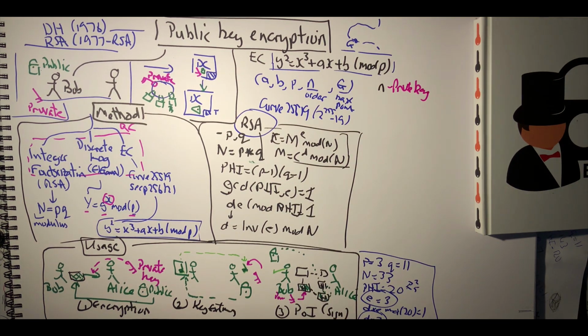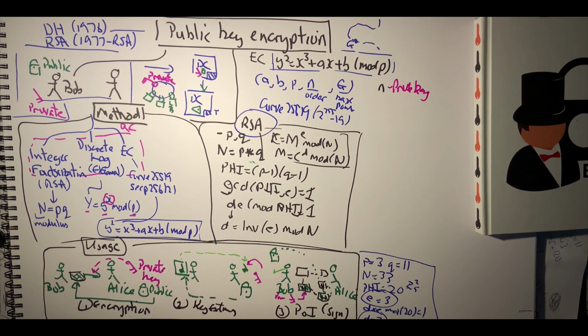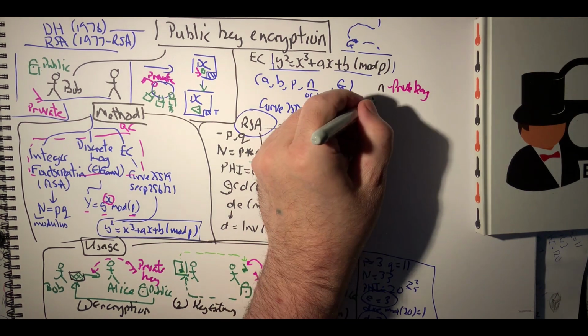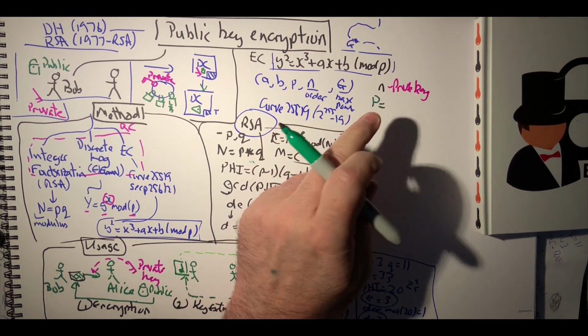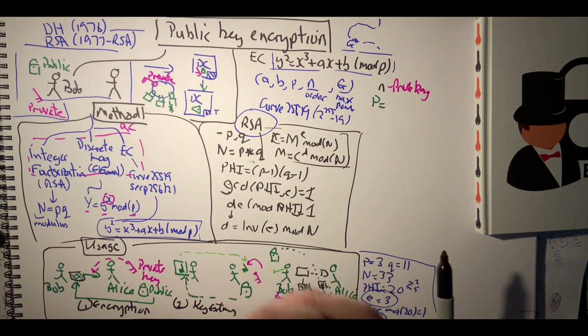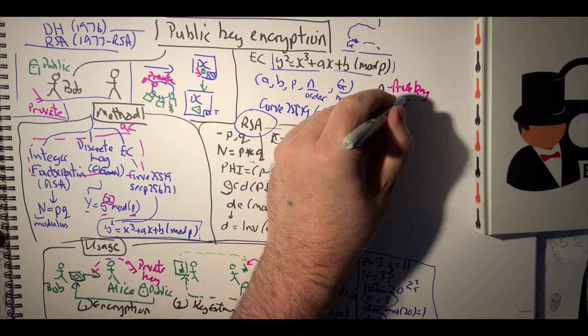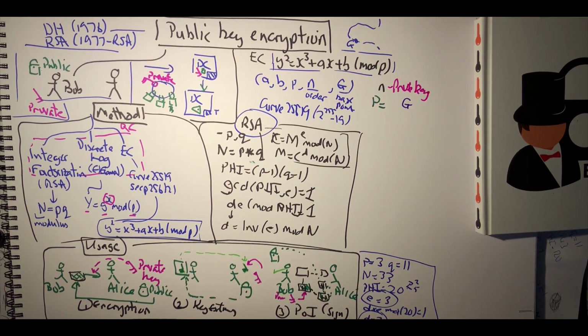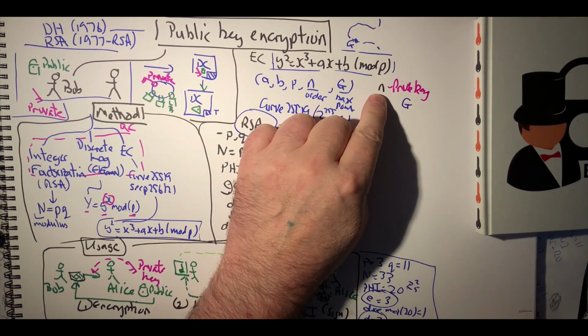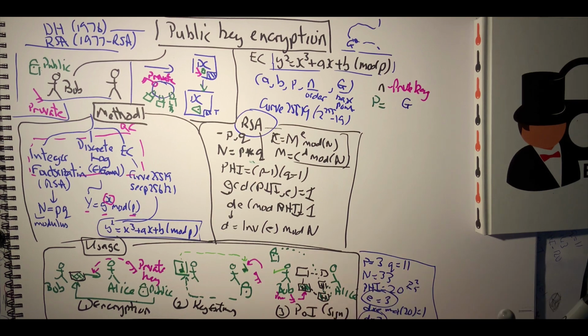What we then do is come up with our public key, P, which is equal to n times G. So we take our base point and add G to itself n times.